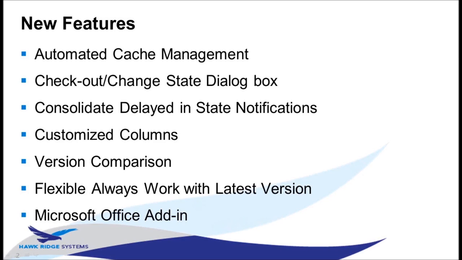The checkout and change state dialog box has changed with a lot more functionality and added features, and we'll talk about the specifics there. There's been a consolidation of delayed in state notifications, so you don't receive a huge chunk of them. They all get consolidated into one notification message, which is really nice.